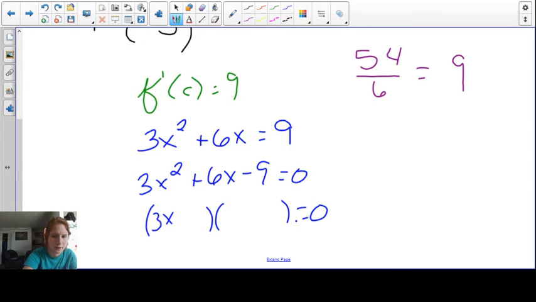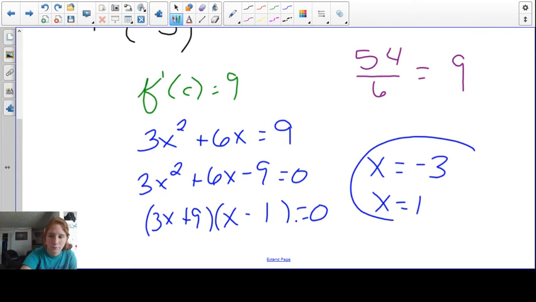I get 3x and x. Well, I need to multiply to a negative 27, add to 6. So I'm going to use 9 and negative 3. So I want the negative 3 and the positive 9. So when I solve for those, I should get negative 3, and I should get 1. So 2 different ways of solving for your x values here.